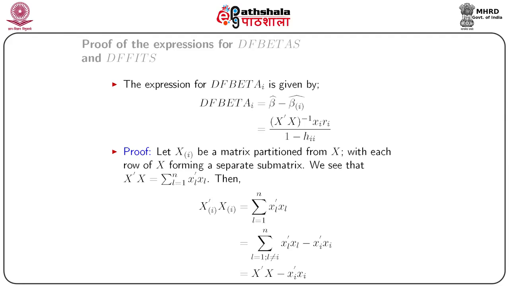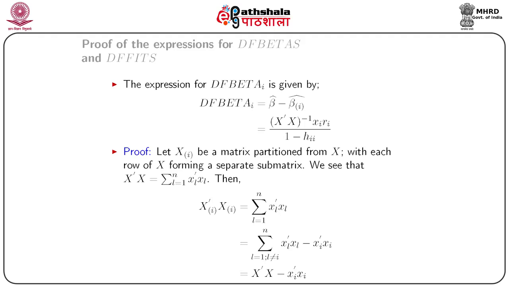We see that X'X can be written as the sum over l equals 1 to n of x_l' x_l. Then X_(i)'X_(i) can be written as the sum over l equals 1 to n, l not equal to i, of x_l' x_l, which equals X'X minus x_i' x_i.